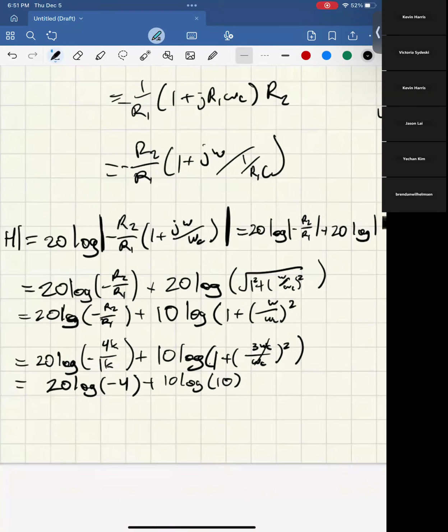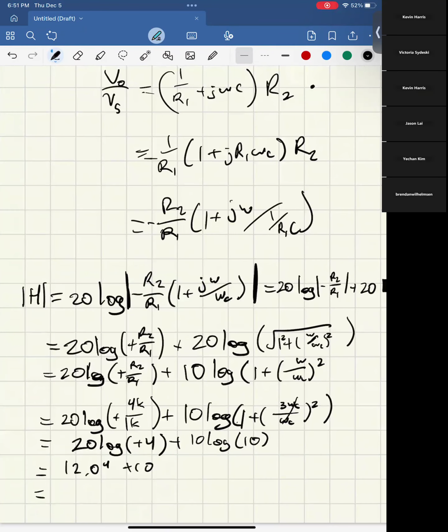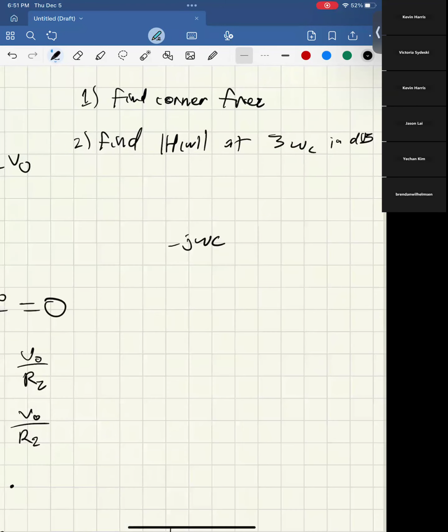Okay, then you simplify it down to here. This is supposed to be a positive the whole time. So if we do 20 log 4 plus 10 log 4, you get 12.04 plus 10, and that's 22.04 decibels. And that is the magnitude of the transfer function when you are at 3 times your cutoff frequency. Sorry, that was a bit of a hassle.